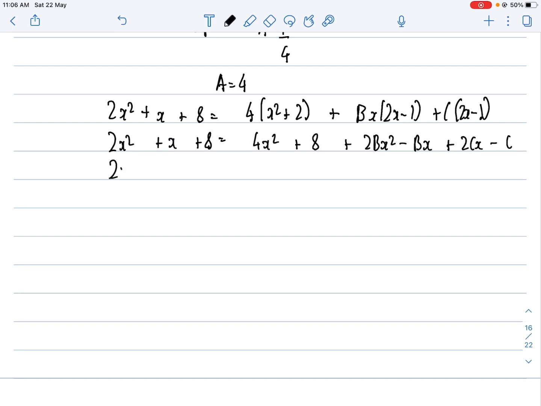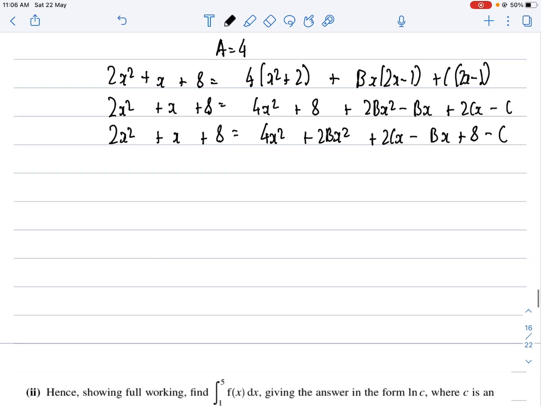Now I can adjust: 2x square plus x plus 8 equals 4x square plus 2bx square, plus 2cx minus bx, plus 8 minus c, keeping all the x's together and the constants together. So now I can write 2x square plus x plus 8 equals 4 plus 2b, taking x square common, plus 2c minus b, taking x common, plus 8 minus c.